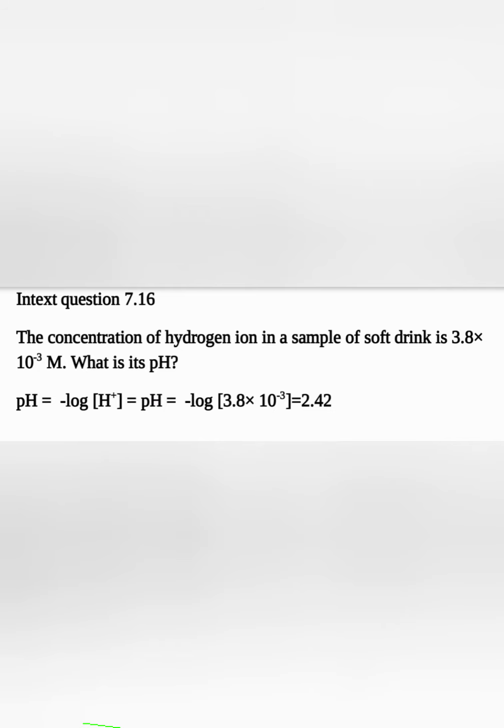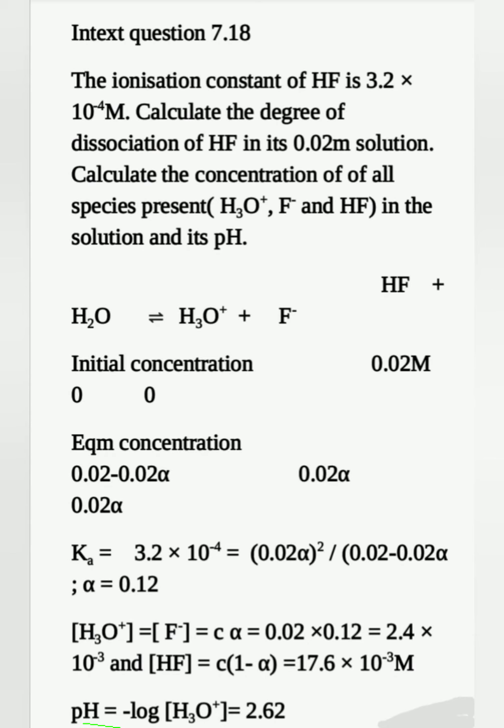Okay, next we have in-text question 7.18. The ionization constant of HF is equal to 3.2 into 10 raised to minus 4 molar. Calculate the degree of dissociation, that is alpha, of HF in its 0.02 molar solution.